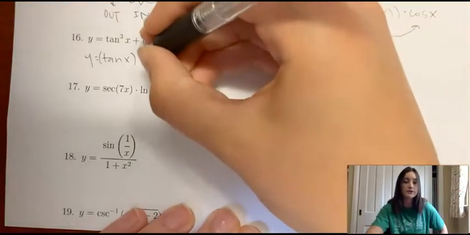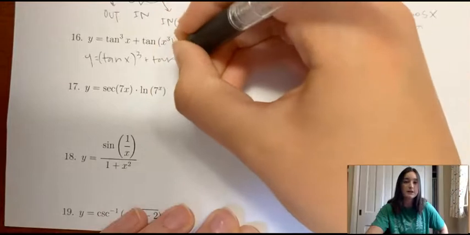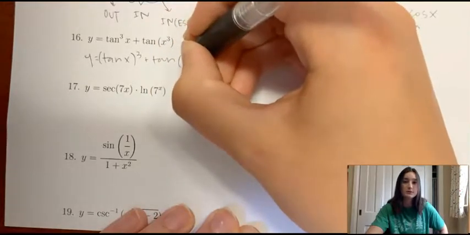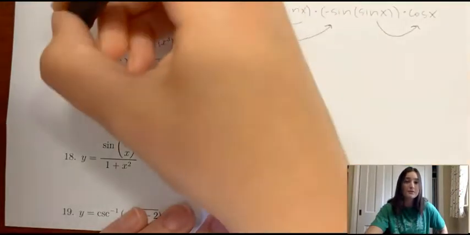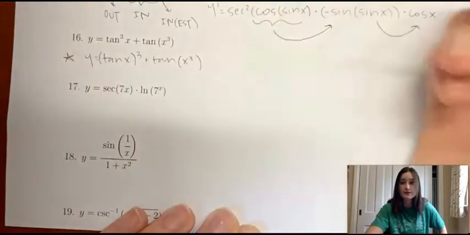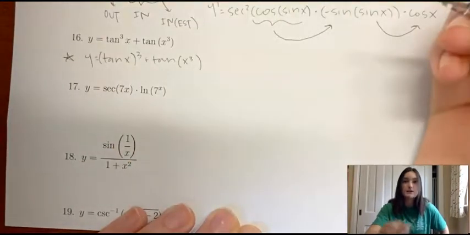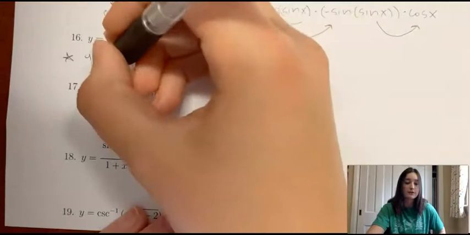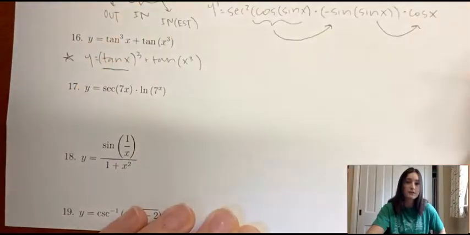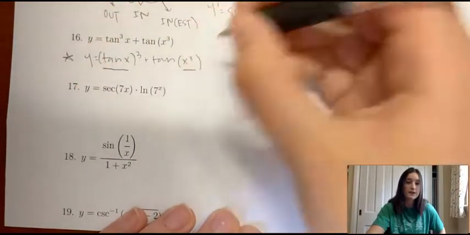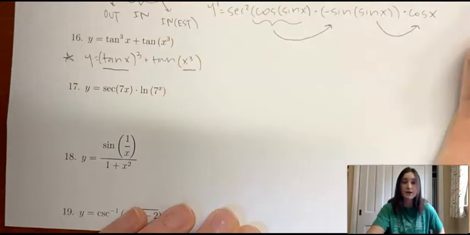And then I'm just going to finish rewriting it, plus tan x cubed. So this is kind of like that first example I started with, the sine x and then the sine x squared, where you want to be able to identify the inner and outer function. So in this case, in that first part, you've got the inner function as tan x and the outer function as the exponent.